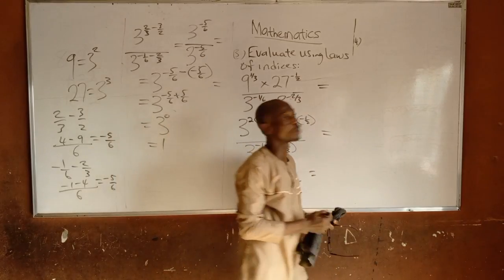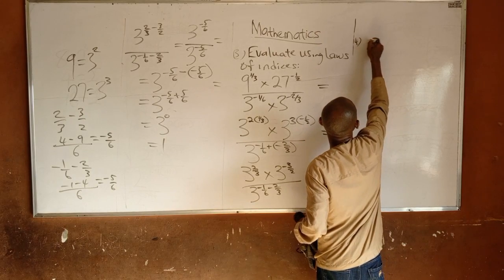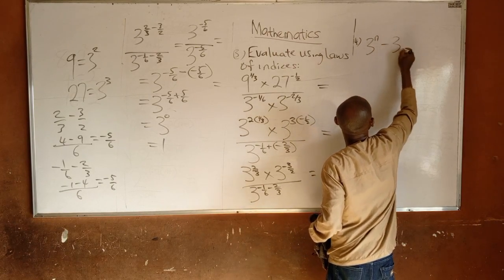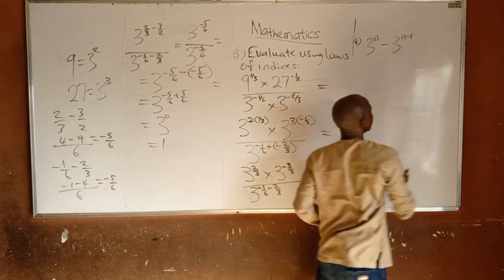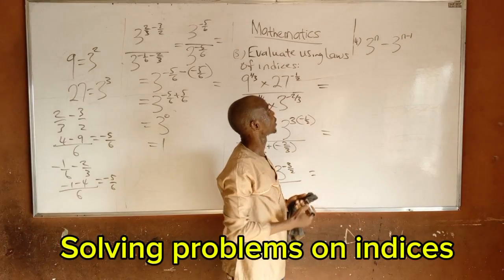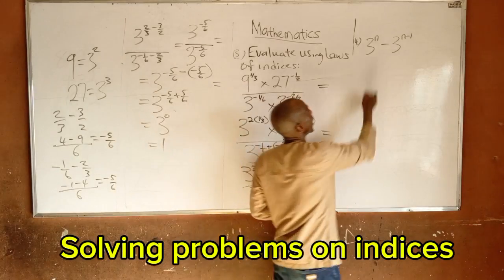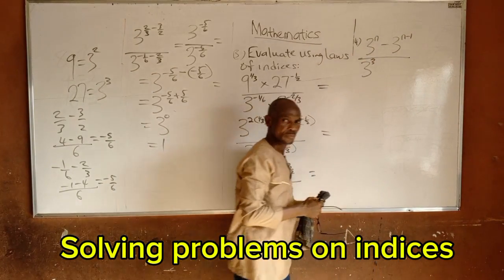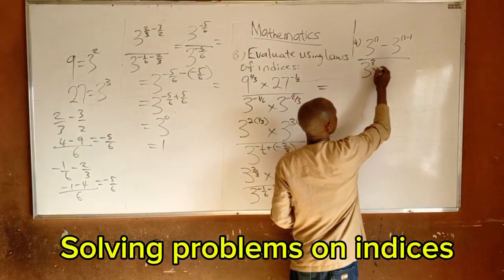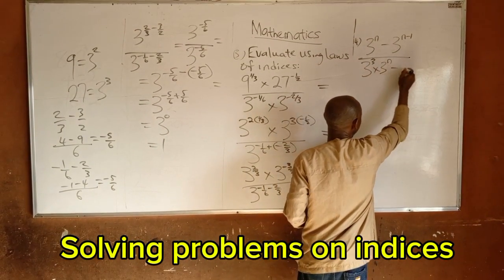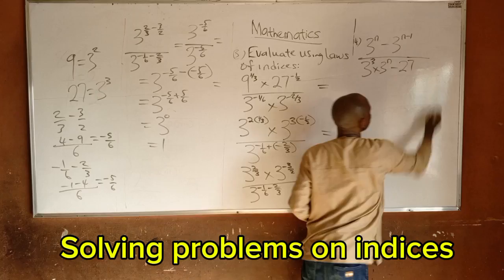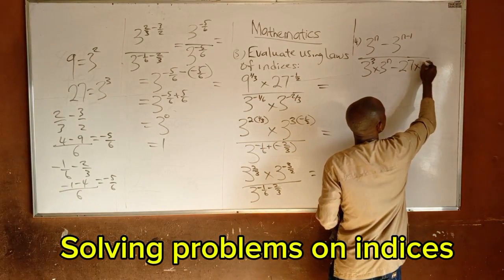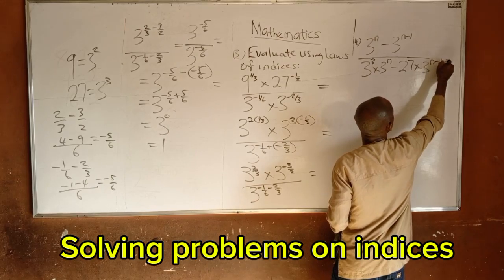We'll take one more question. Now let's say we have something like this. Evaluate 3 raised to power n minus 3 raised to power n minus 1, divided by 3 raised to power 3 times 3 raised to power n minus, let's say, 27 times 3 raised to power n minus 1.